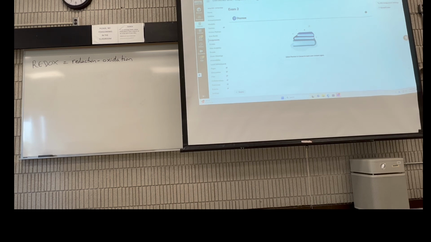You look at different things to determine whether you are looking at a reaction that is undergoing oxidation or reduction. Now, we need to define those 2 terms. Here is where the confusion arises.